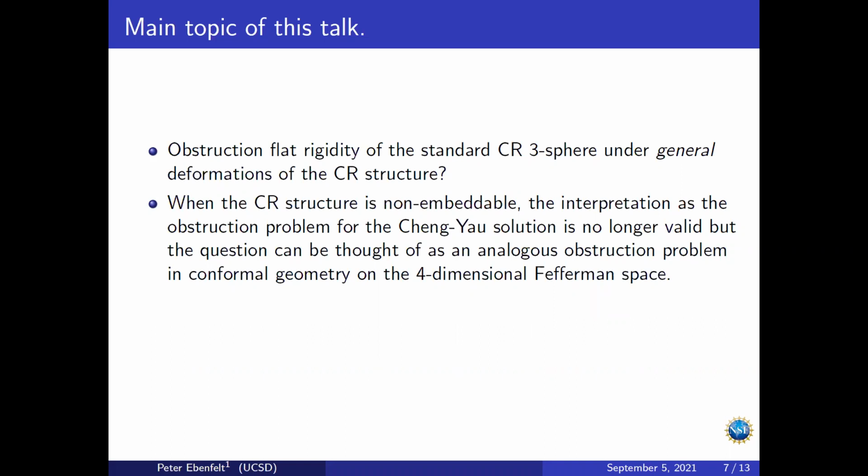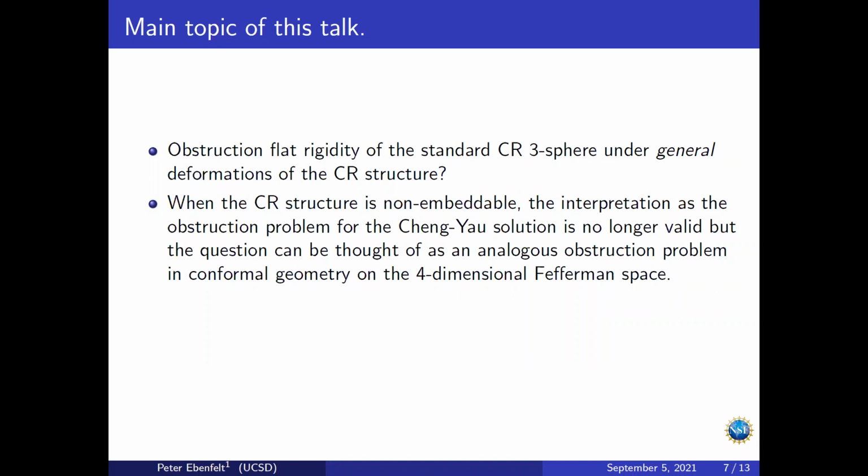But what is the interest of it? Well, it turns out that you can still interpret the obstruction function as an obstruction function, but not to a Chen-Yao solution, but as sort of a real version of the Chen-Yao problem. It's an obstruction function in conformal geometry.